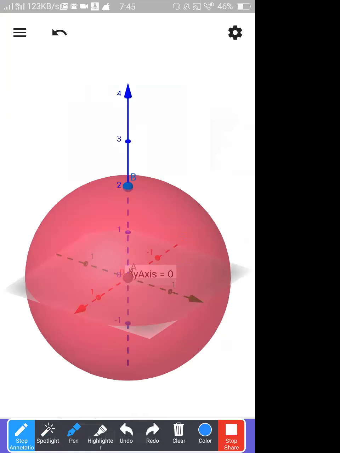See what I have to prove finally. I have to prove z equal to r cos theta, and the main thing is it is independent of phi. Why?